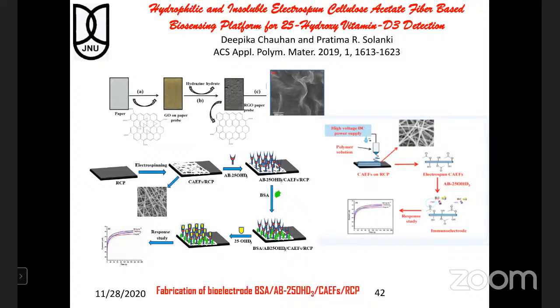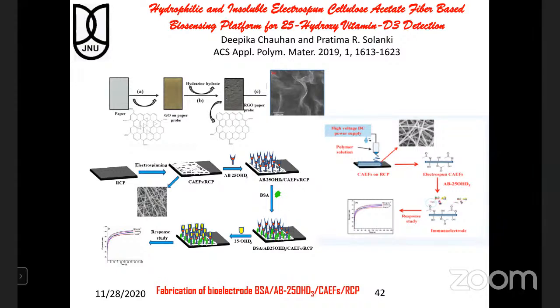Second, we are simultaneously working on vitamin D detection, that is 25-hydroxy vitamin D3. That is also very important nowadays. I think every person suffers from vitamin D deficiency, or sometimes we are not aware, and the testing cost is also very high.